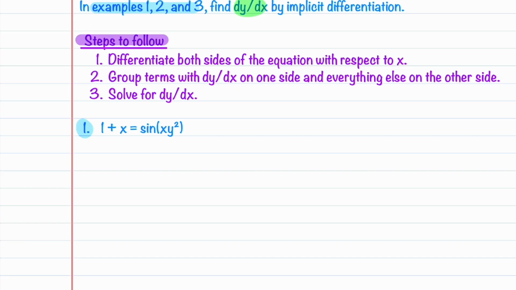We are given the equation 1 plus x is equal to sine of xy squared. We're going to start by differentiating both sides of the equation with respect to x. So this is d/dx of 1 plus x is equal to d/dx of sine of xy squared.